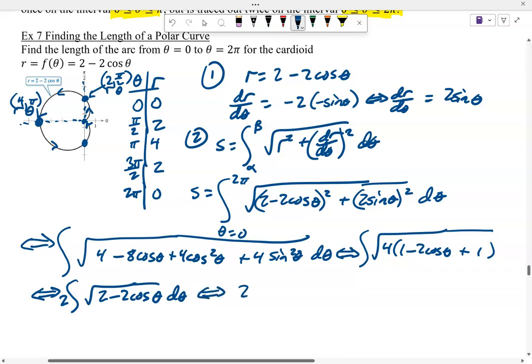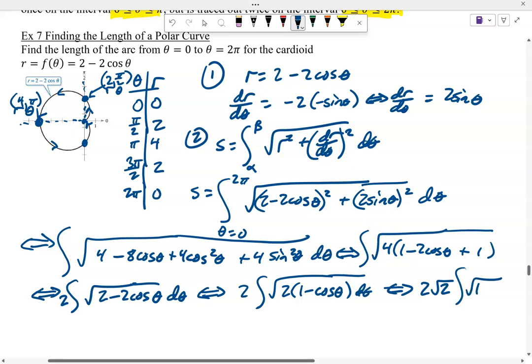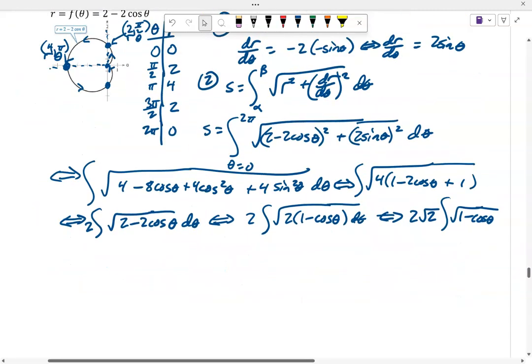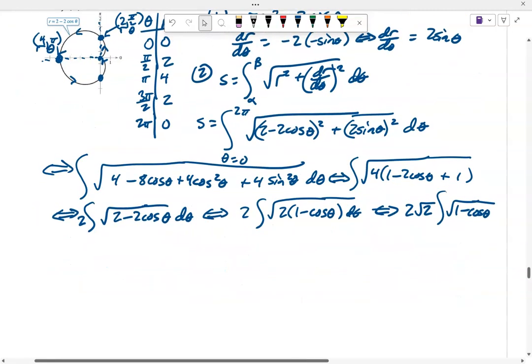I'm going to take out a 2 again on that. So I've got 2 root 2, and the square root of 1 minus cosine theta d theta on that.